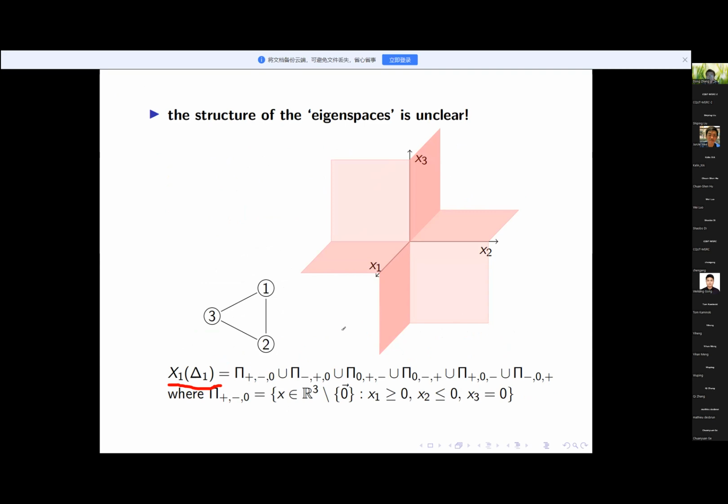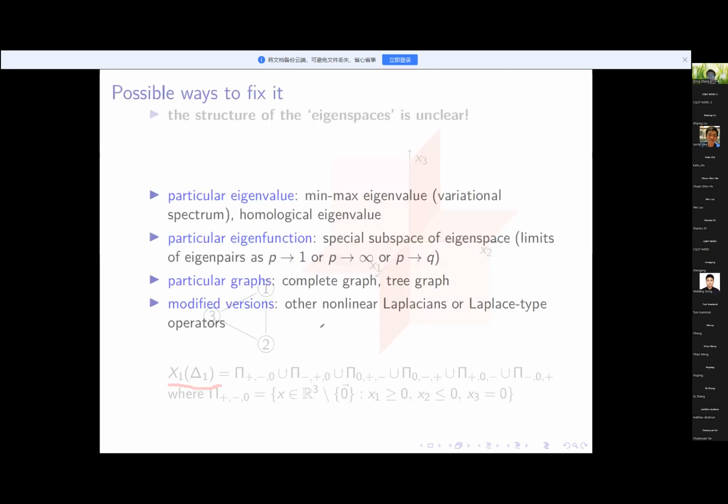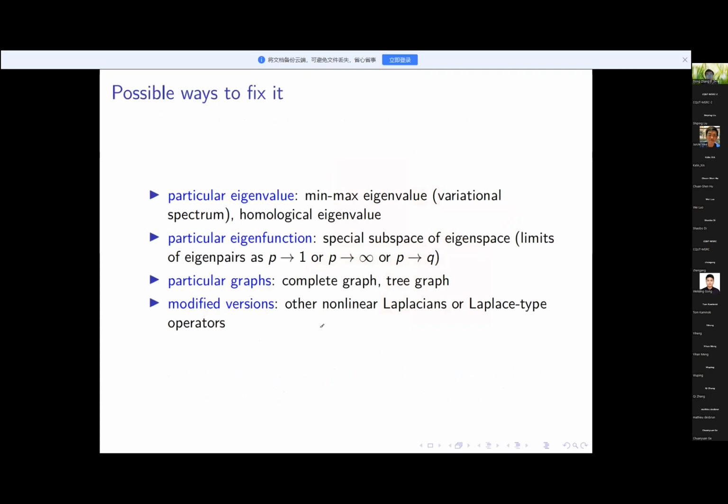So it is very complicated. It's totally nonlinear. So we may restrict ourselves to some particular cases. In this talk, I would like to focus on particular eigenvalues, including the variational eigenvalues and the homological eigenvalues.